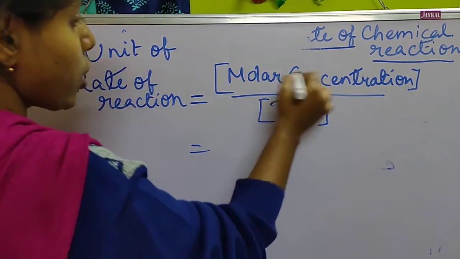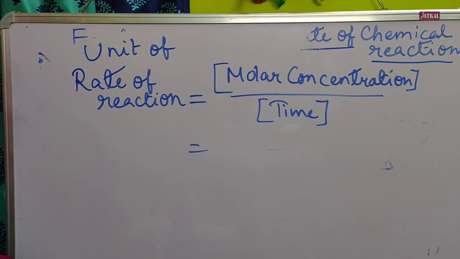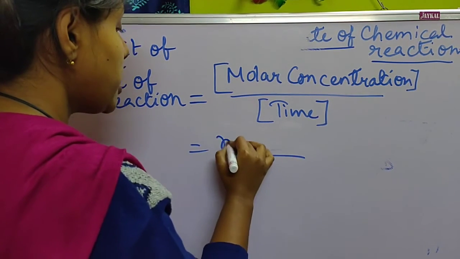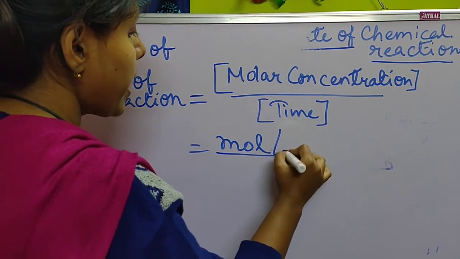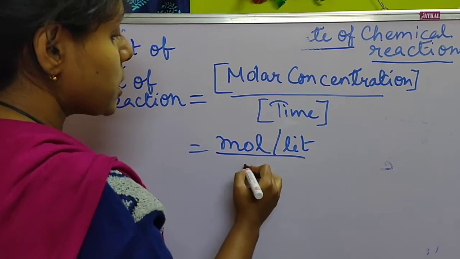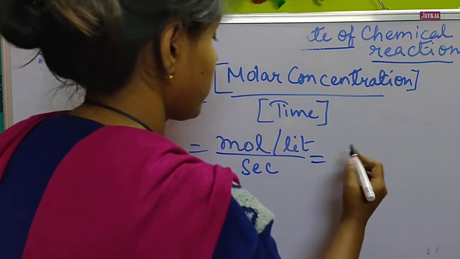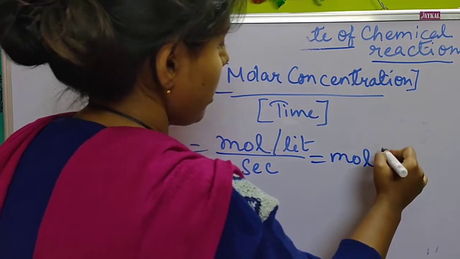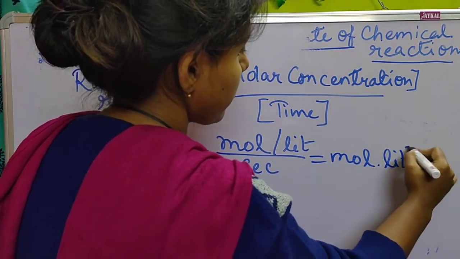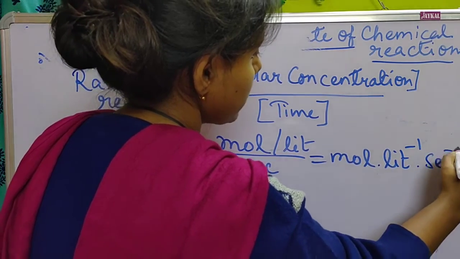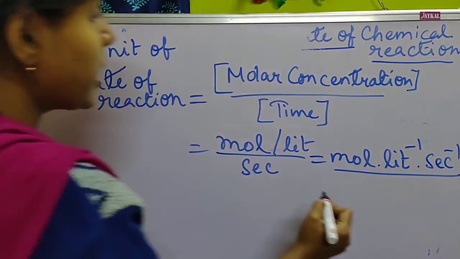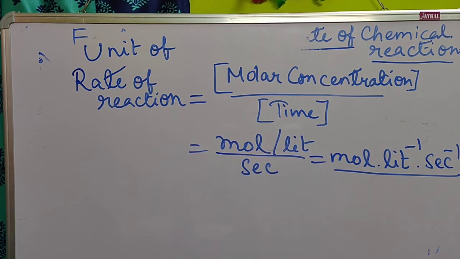So we have to put the units of concentration and time here. Molar concentration unit means mole per liter and time means second. So the unit will be mole liter inverse second inverse. This is the unit of rate of reaction.